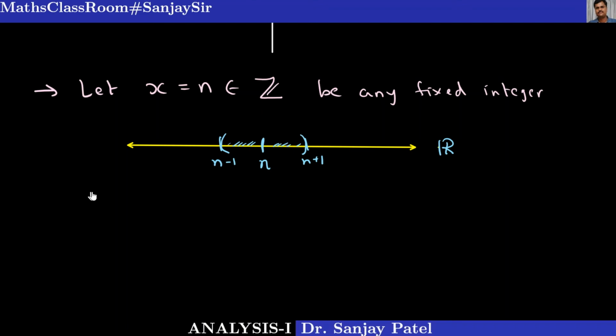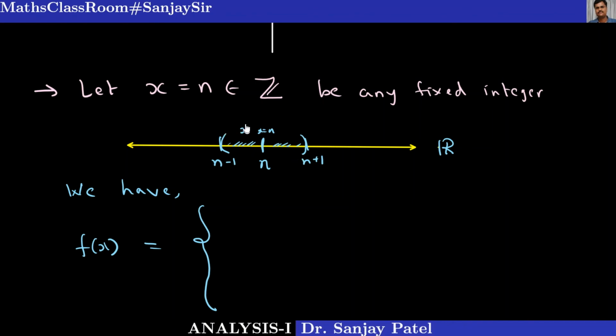Okay, so if I define a function like this, we have the function values, because now there are different parts, I have to write the different possibilities, because my x can be between n minus 1 and n, my x can be equal to n, or it can be between n and n plus 1.